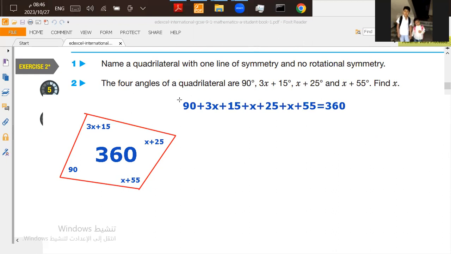Now I want to look at the like terms. I have the numbers, which are 90, 15, 25 and 55.